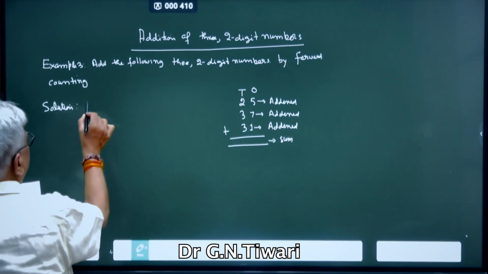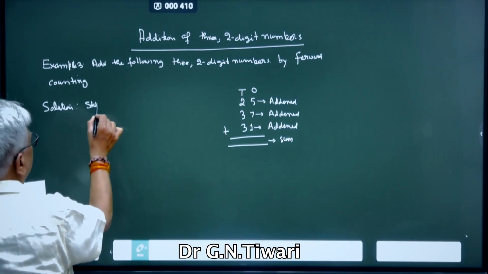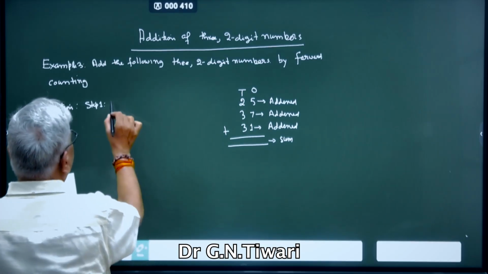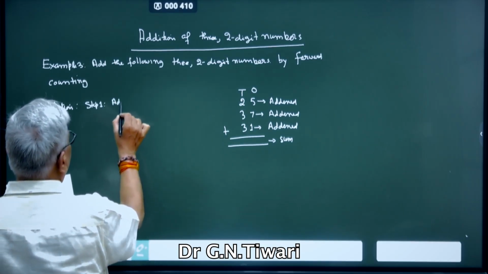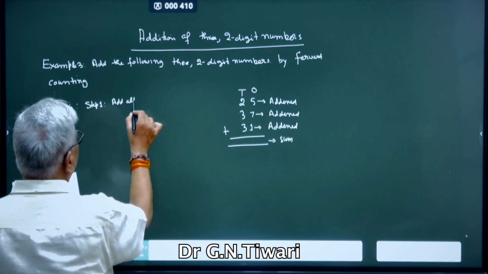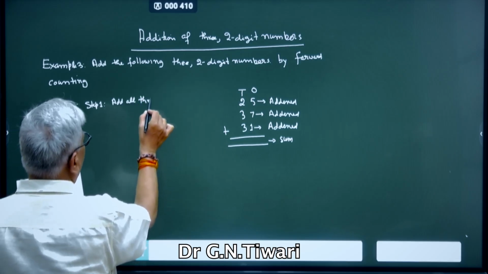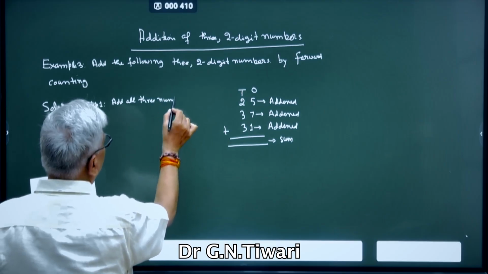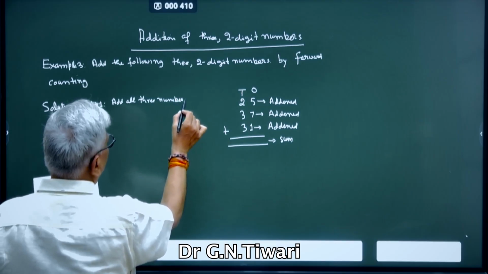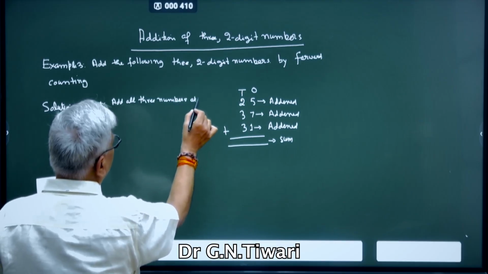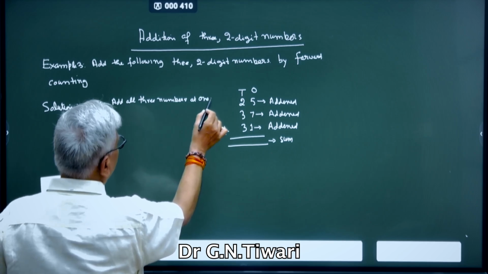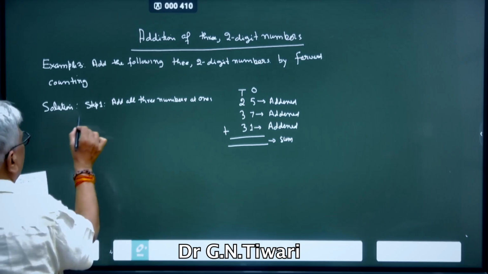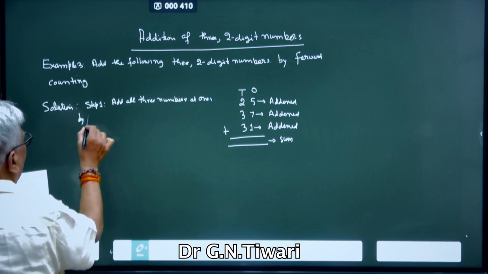Add all 3 ones, all 3 numbers at once, by forward counting.